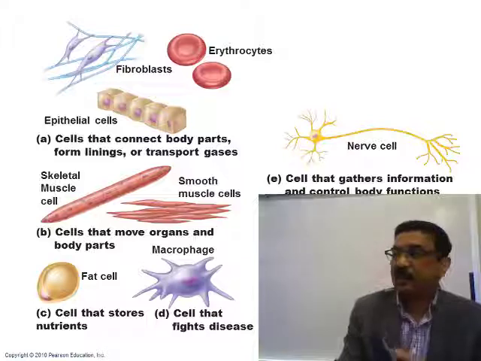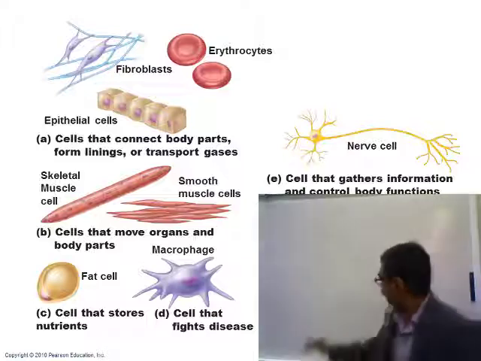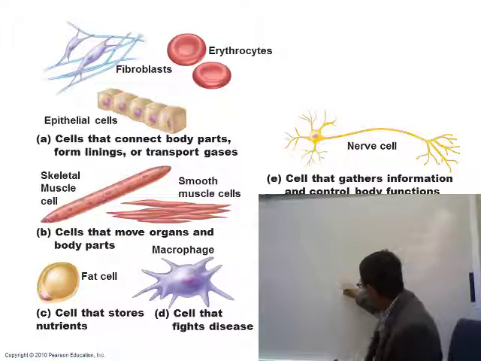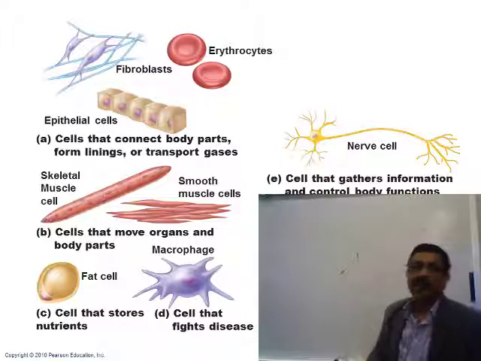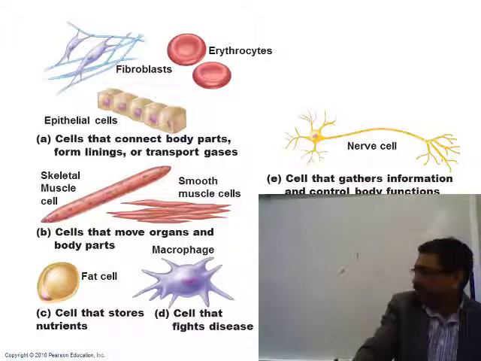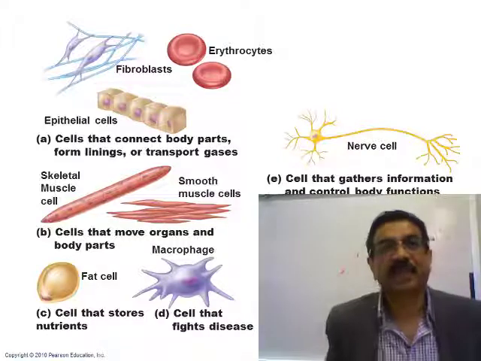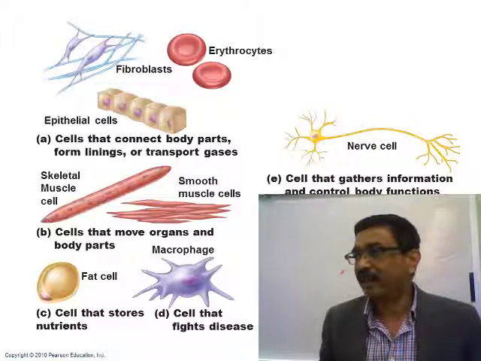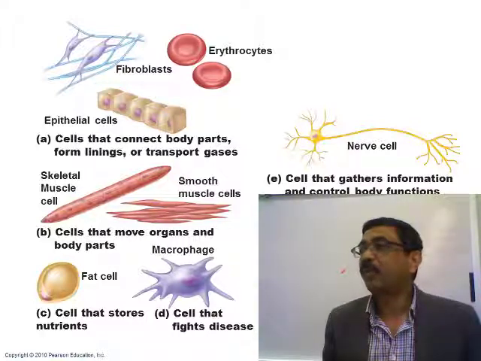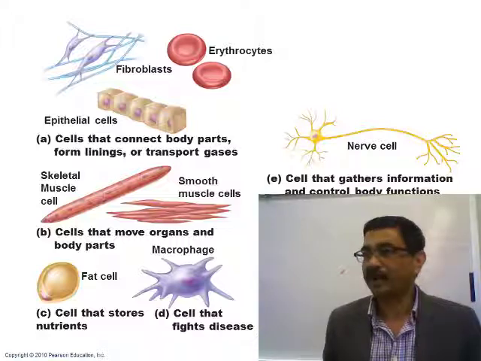Fat cell. If you see a fat cell, the fat cell is round, but nucleus is not in the center. Nucleus is found attached to the membrane, the side of the membrane, like this. Okay? And neural cell, if you see a nerve cell or a neural cell, it has a cell body and processes, a number of processes.